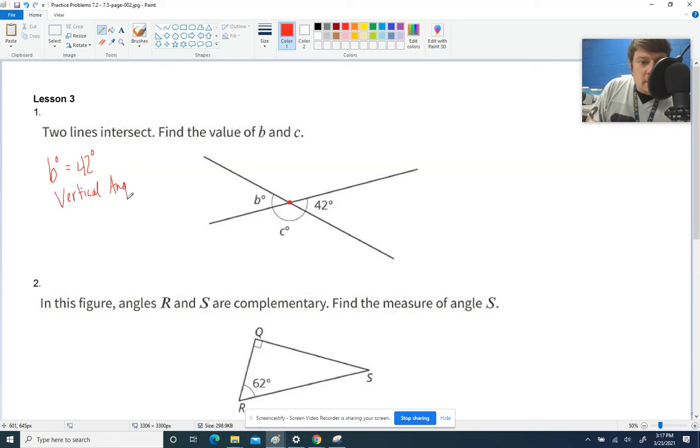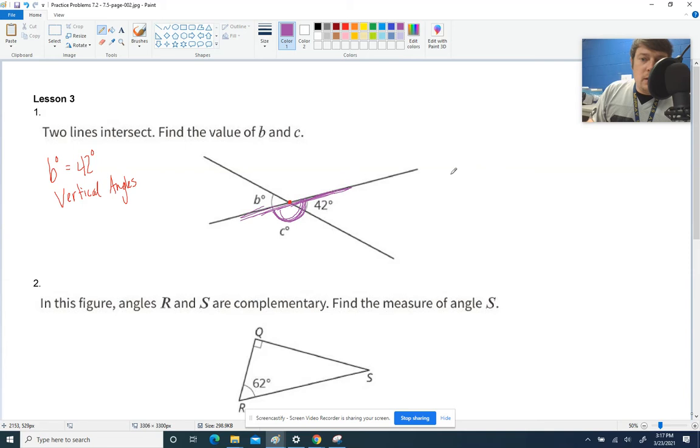And then the other thing that we have to do here is find C. So how are we going to find C if we don't know what its vertical angle is? Well, whenever you make intersecting lines, it doesn't just have a vertical angle relationship. Since they're on a line like this, the two angles that are side by side, or adjacent to each other, have a sum of 180.